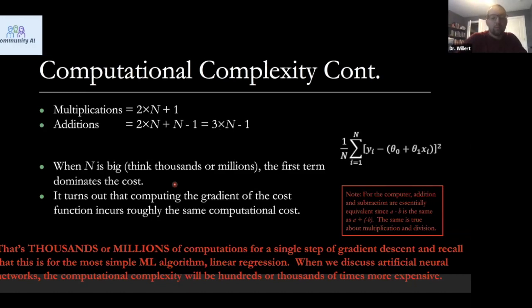So it's important to realize this because we might choose our algorithms based on how much they cost relative to how good of a solution they provide. But what we've seen is for this most simple ML algorithm, linear regression, it could get quite expensive just to compute the cost function when we have a lot of data points.